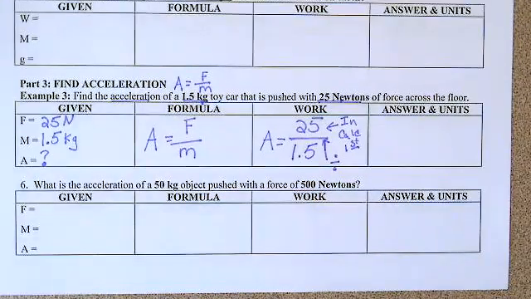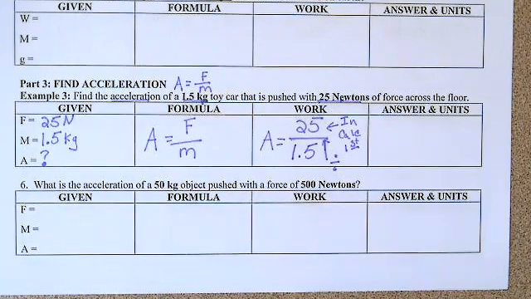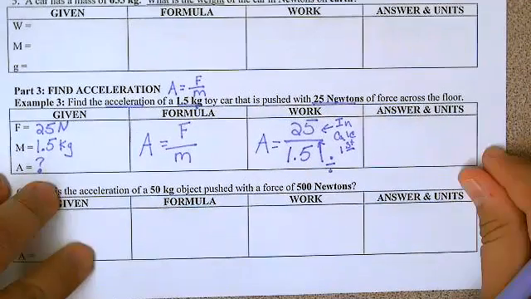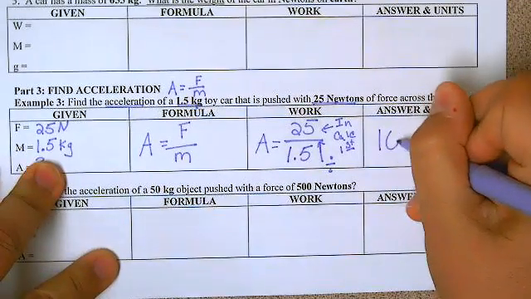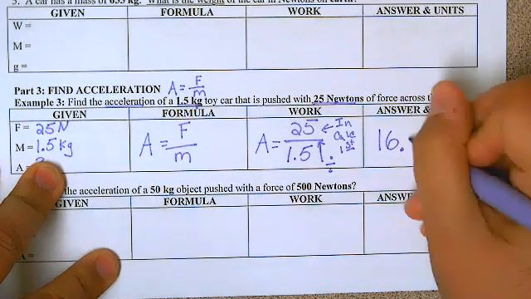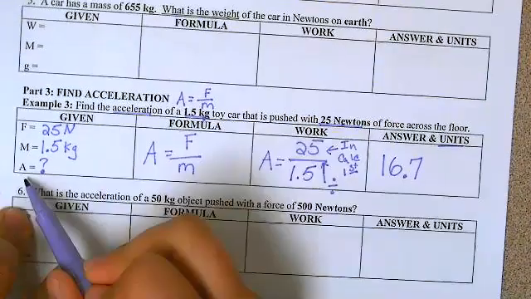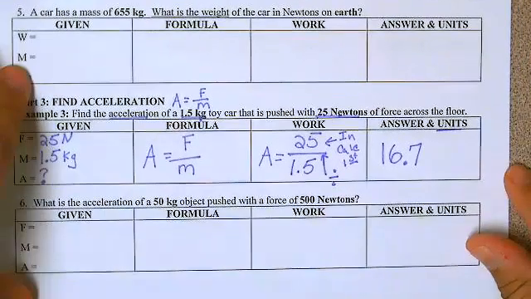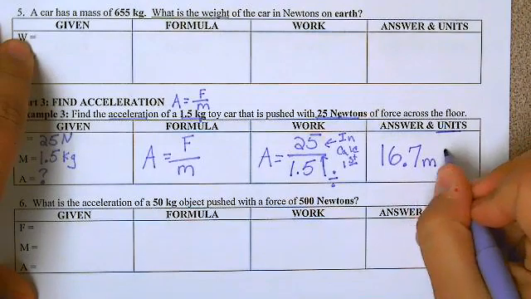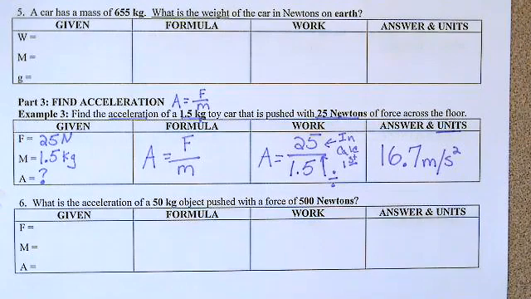Okay? So don't get confused. So we're putting 25 divided by 1.5 equals, and you're going to get 16.6 repeating. So I'm going to round that up to 16.7. And what is the unit for acceleration? So remember, acceleration is going to be meters per second squared.